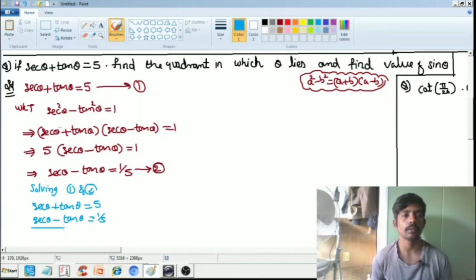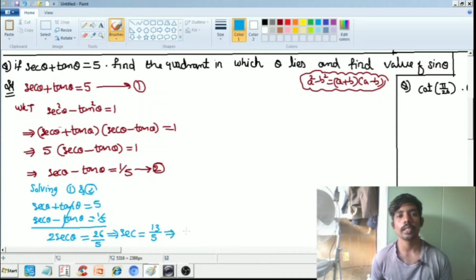Just add. Plus tan theta and minus tan theta get cancelled. Then 2 secant theta is equal to 5 plus 1 by 5, which is 26 by 5. So from here secant theta is equal to 13 by 5.